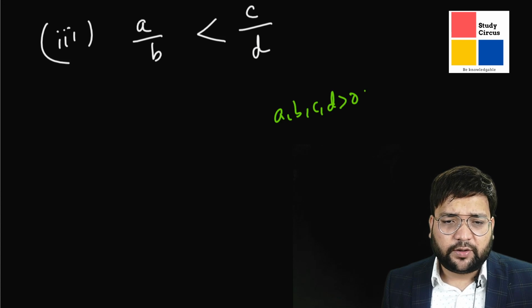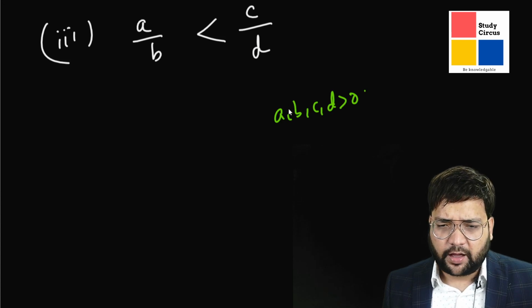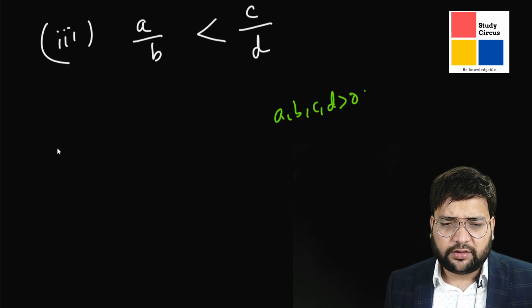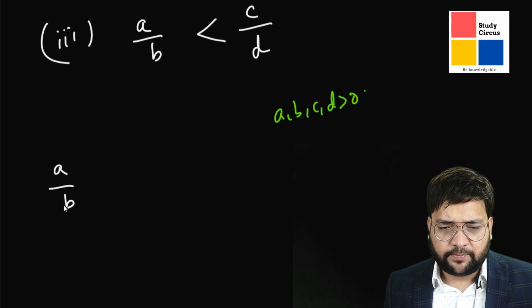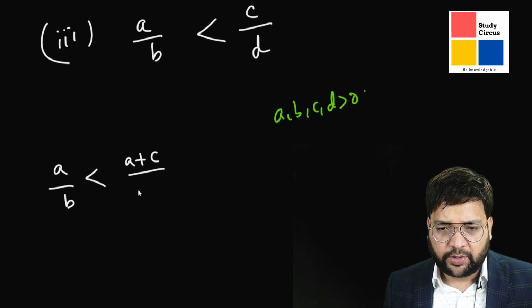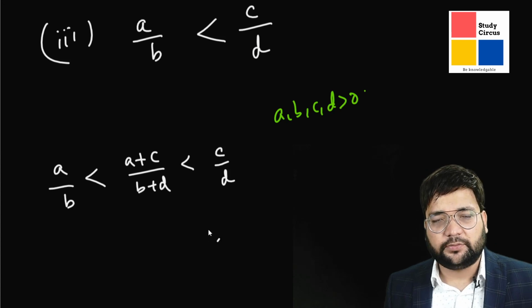So if a, b, c, d are positive numbers, I can simply add the numerators and then add the denominators. This is going to be certainly in between the two.